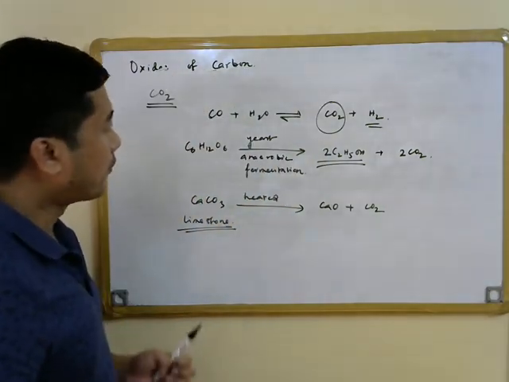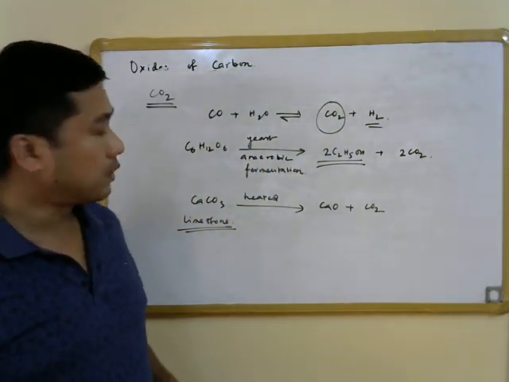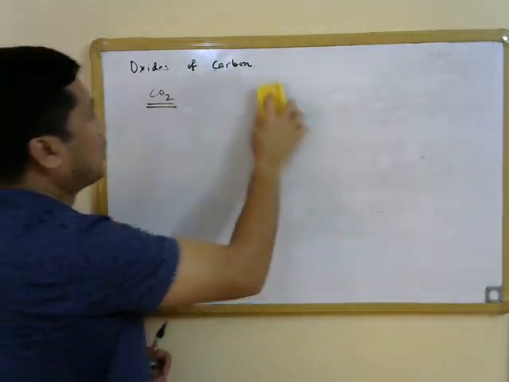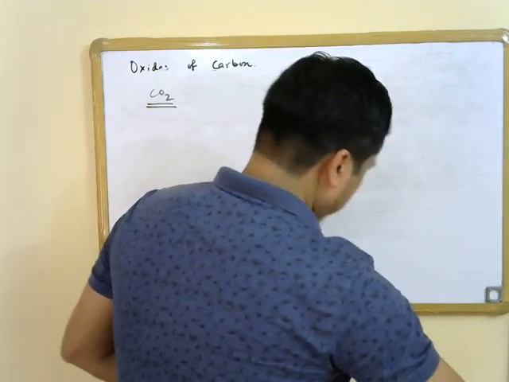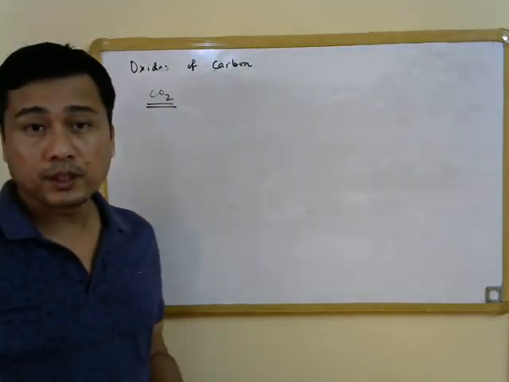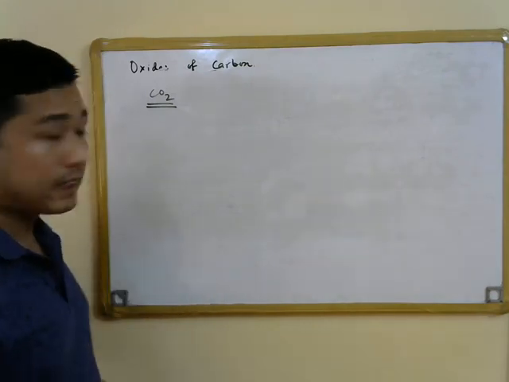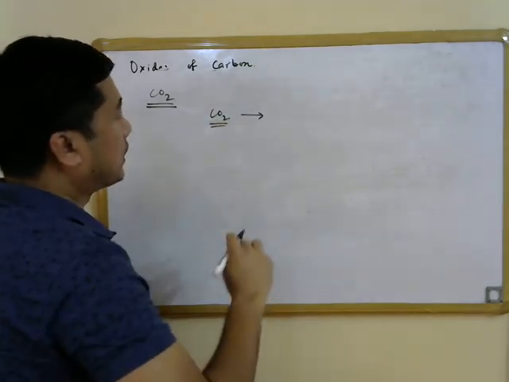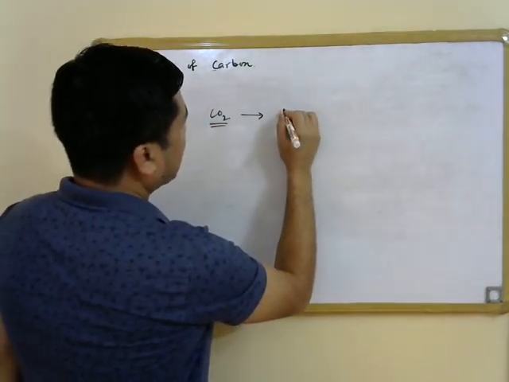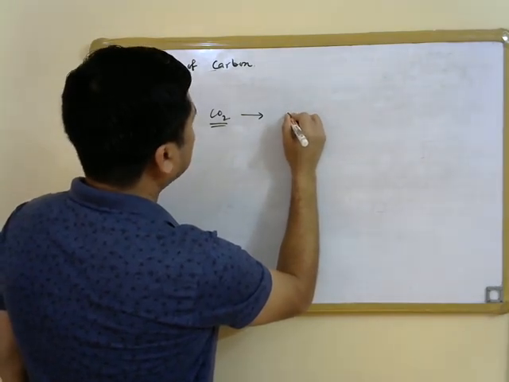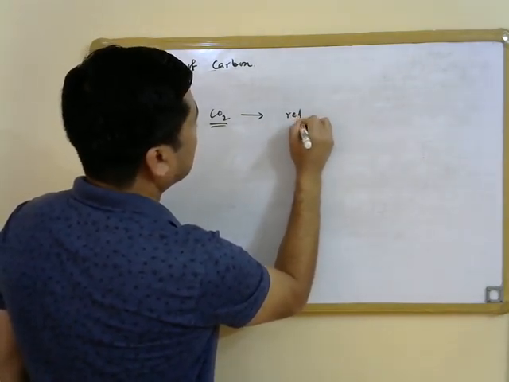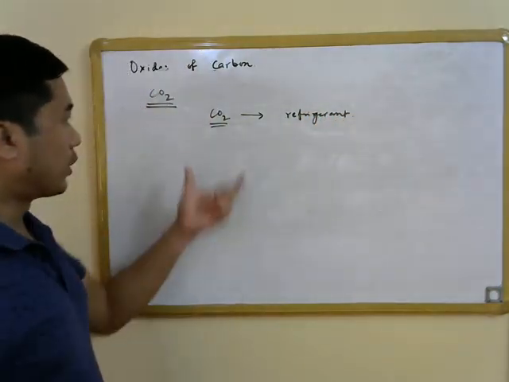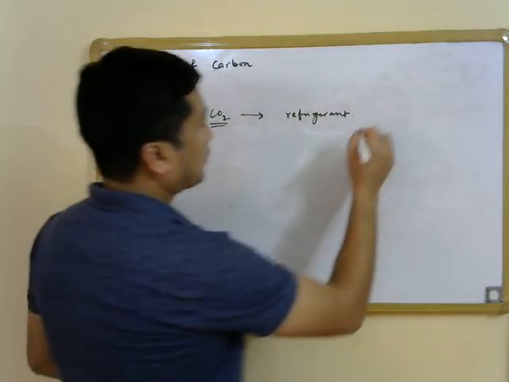Now there are several important industrial applications of carbon dioxide. The first and foremost industrial application is its use as a refrigerant, because the solid carbon dioxide essentially acts as a refrigerant, and it is also known as dry ice.